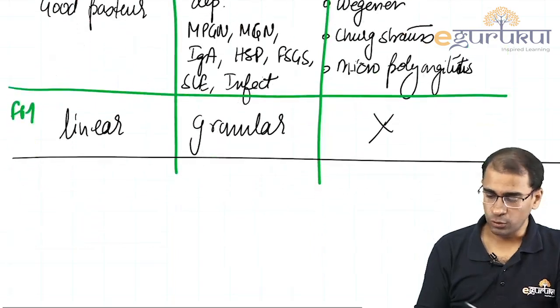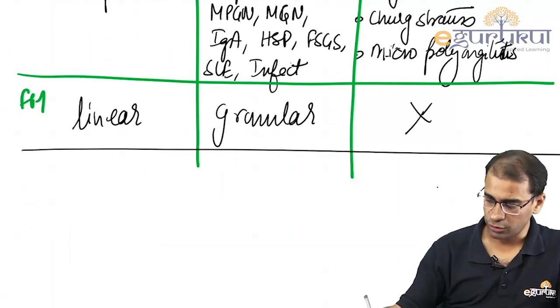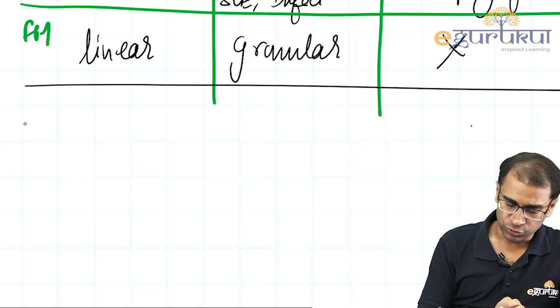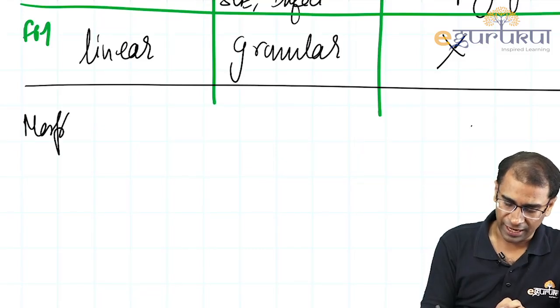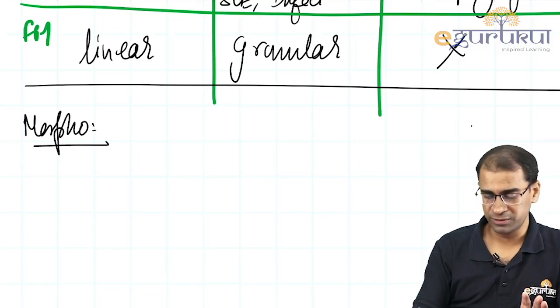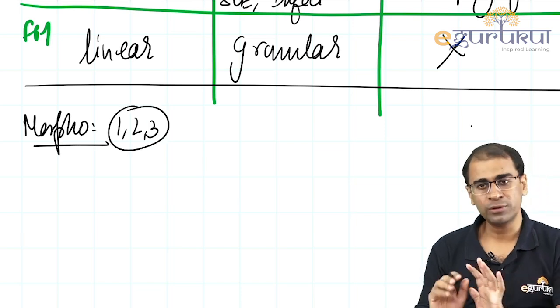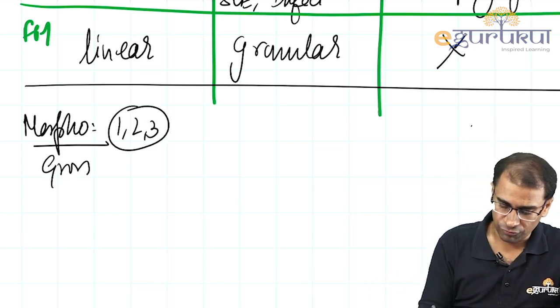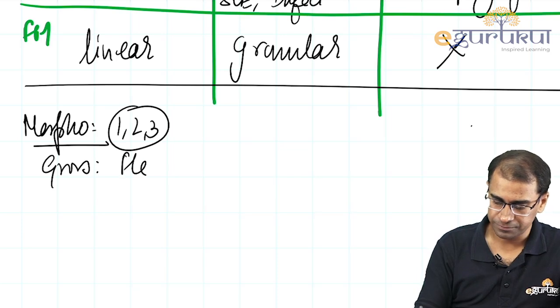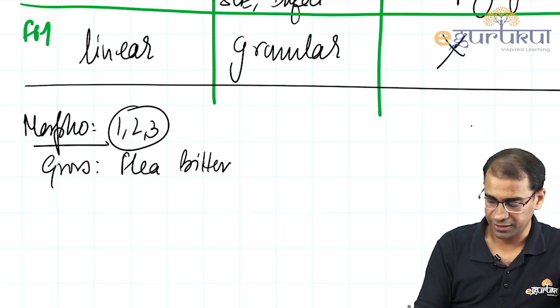Now, let's talk about the findings in the gross morphology and light microscopy. The RPGN morphology is common for all 3, that means 1, 2 and 3 all show the same findings. In the gross morphology, it shows a flea-bitten kidney.